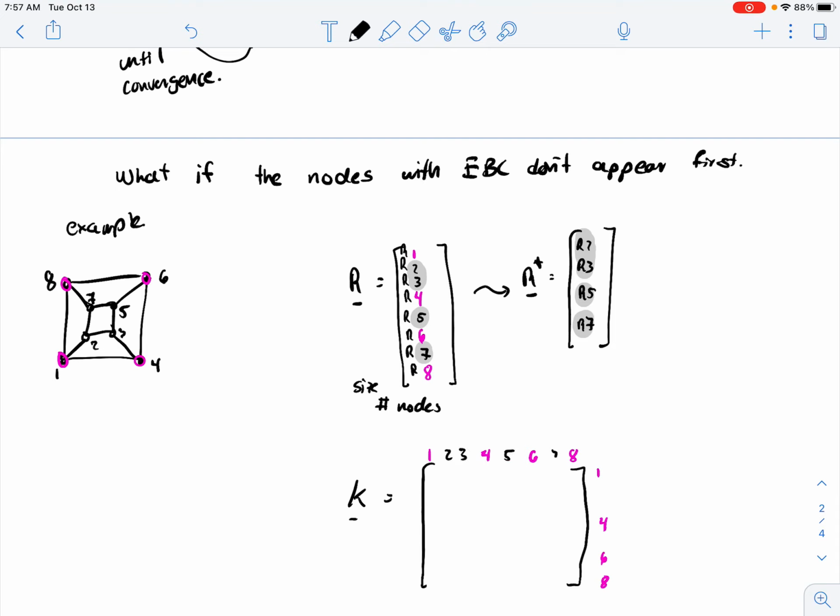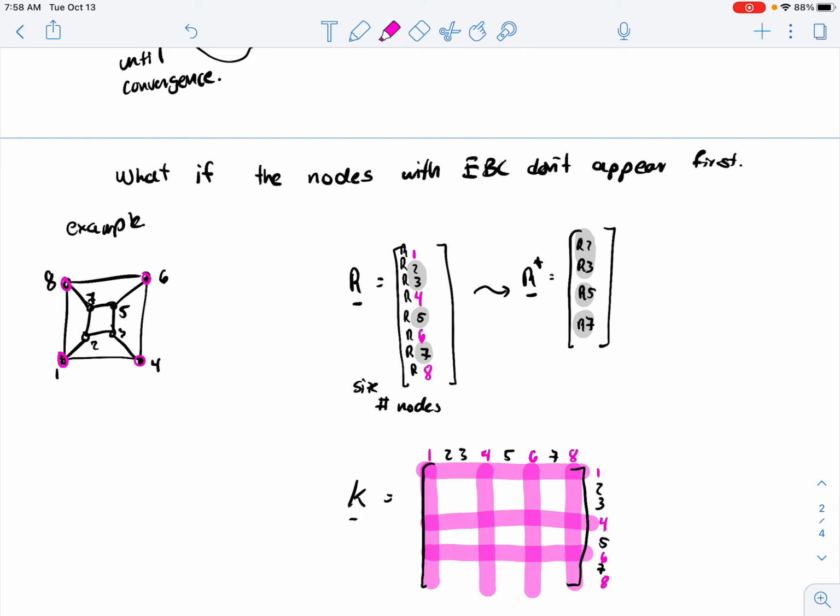So again, I need to get rid of the rows and columns. The entire row and column will be gone for each of those.